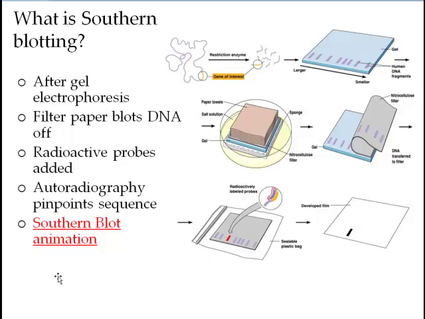So that's a process called Southern blotting. Southern blotting, for you to know, is a process by which DNA is radioactively labeled.